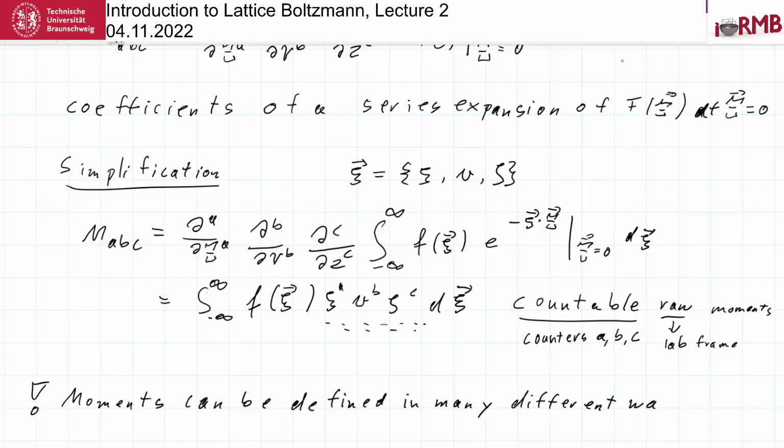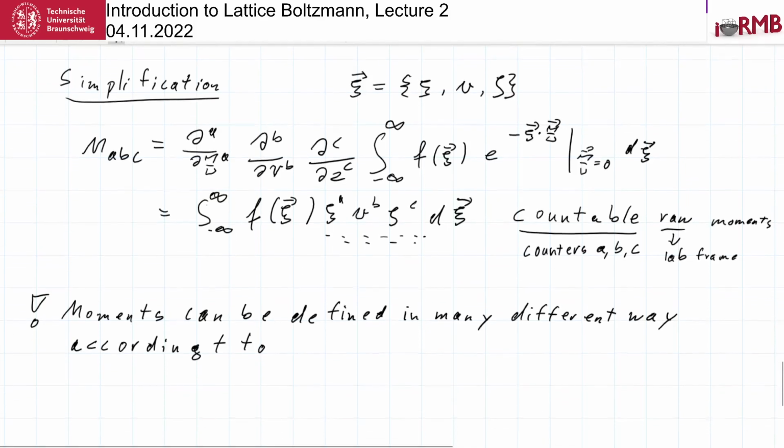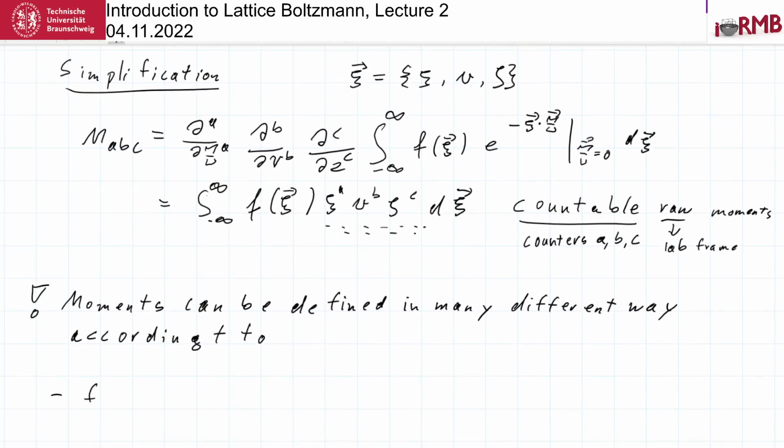Everybody who thinks that something is important for them does it in their own fashion, fortunately. They can be differently defined, for example, with regard to the frame of reference. This is what we meant by lab frame.